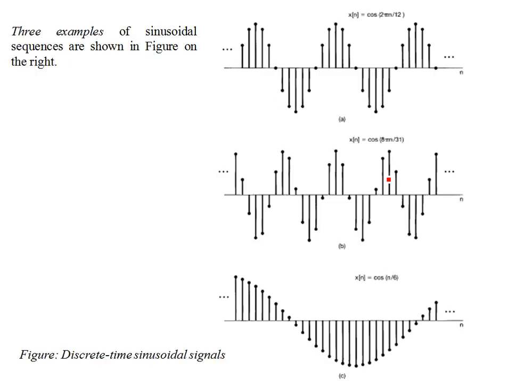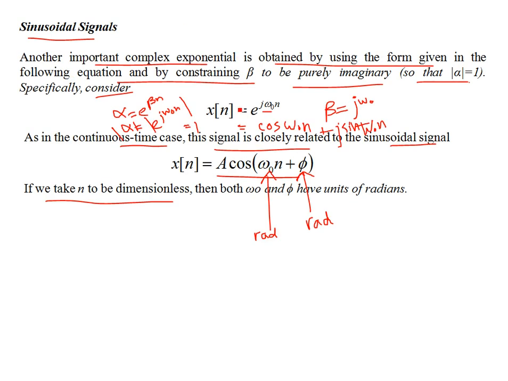Okay, so there are 3 examples of sinusoidal sequences shown in the figure on the right. Now, if you recall, I said that if you have a continuous time signal x of t in which the exponent is purely imaginary, as is the case over here, then this signal is always periodic.